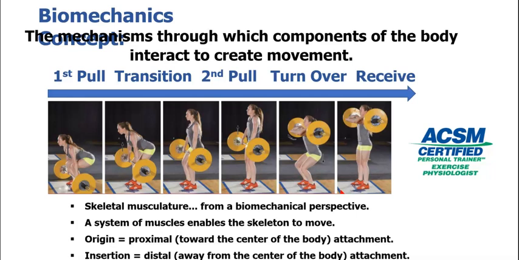Bio means life, and mechanics refers to machines. So you can think of it as the machine of life. Our goal is to understand how the human body functions as a machine from two key perspectives, kinetic and kinematic. Kinetic deals with the forces the body encounters and produces, and kinematic focuses on the resulting movement of the body in space.